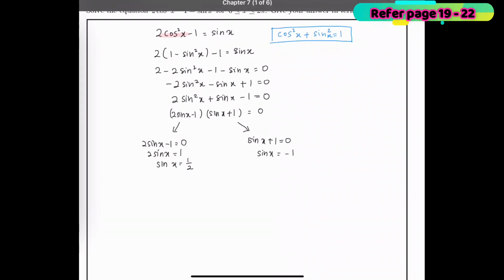Next, we have to follow the 4 rules, which is BAQIR. The first one is BA, basic angle. So alpha is arc sine 1 over 2, and the answer is pi over 6.